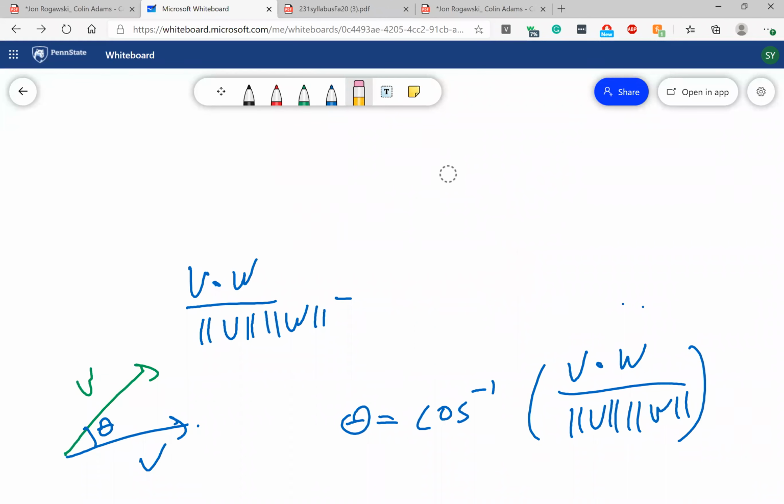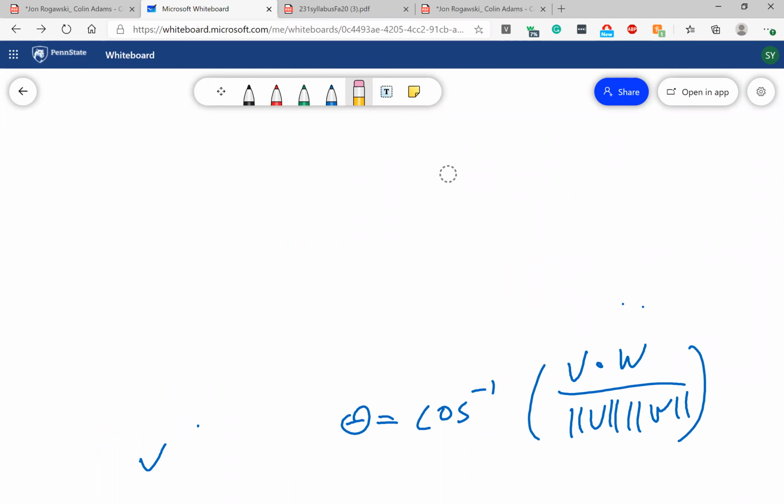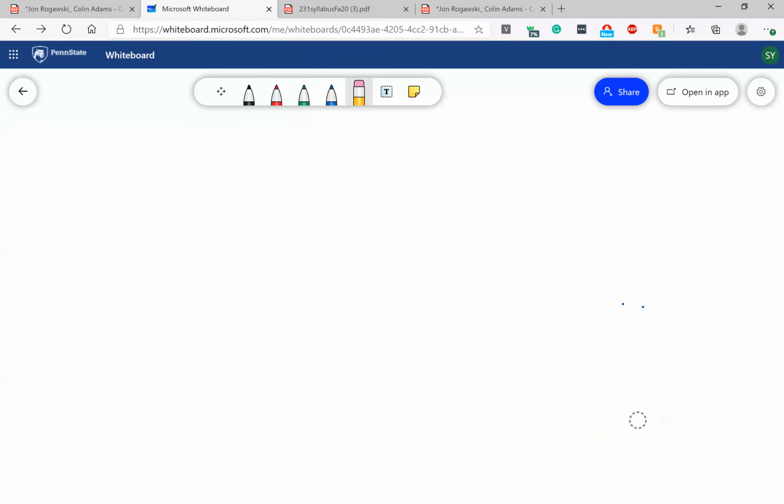A very important, very useful fact about the dot product is, going back to that equation, V dotted with W is equal to the magnitude of V times the magnitude of W times cosine of theta.